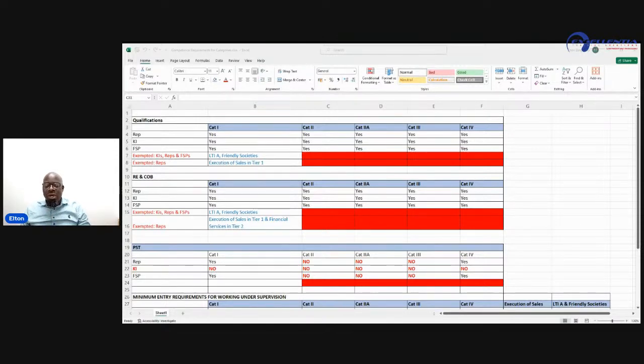Any key individual in all categories is not required to do product-specific training. So all your KIs, together with the reps and the FSPs in Cat 2, 2A, or 3, they are not supposed to do product-specific training.